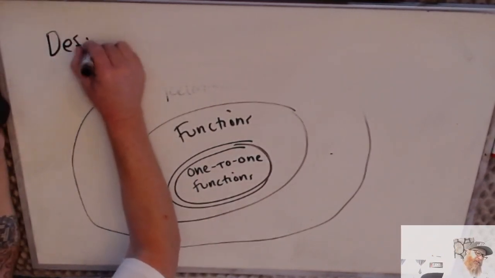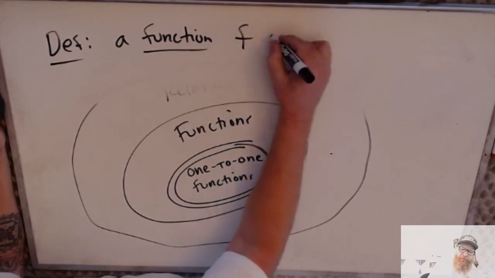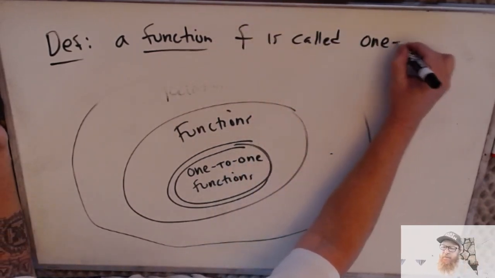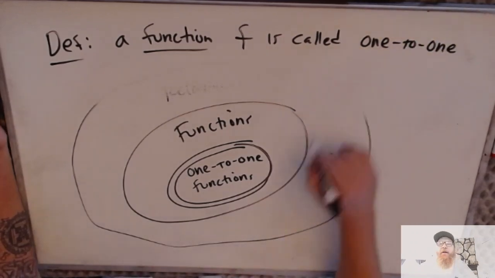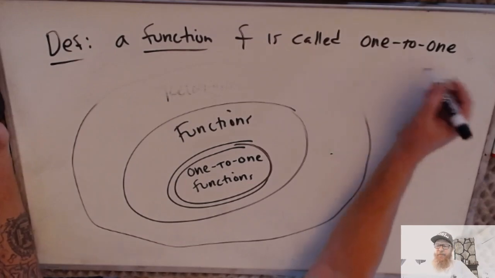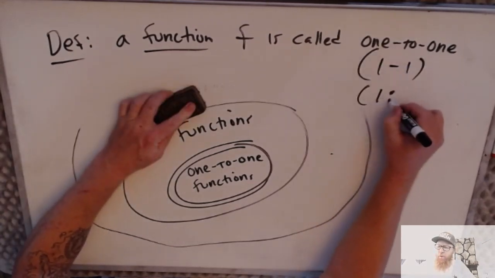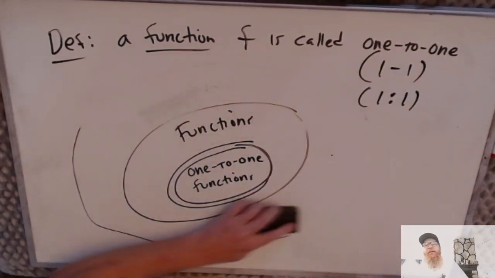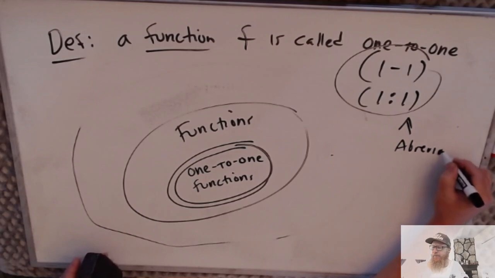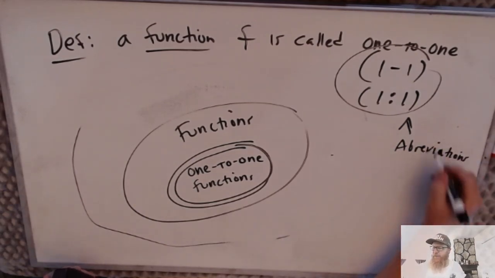So the definition. You first have to be a function. A function f is called one-to-one, sometimes abbreviated 1-1 or 1:1. These are some abbreviations for one-to-one that I might use today.